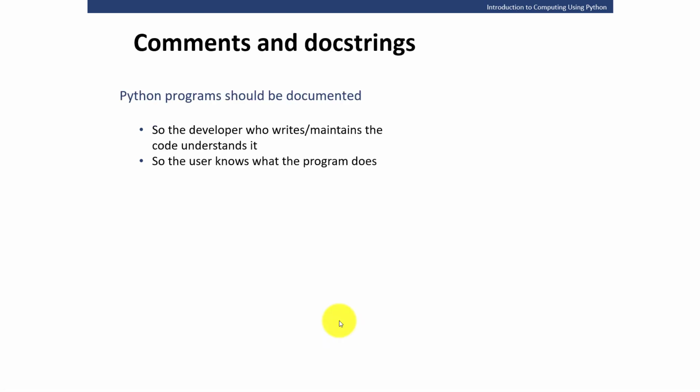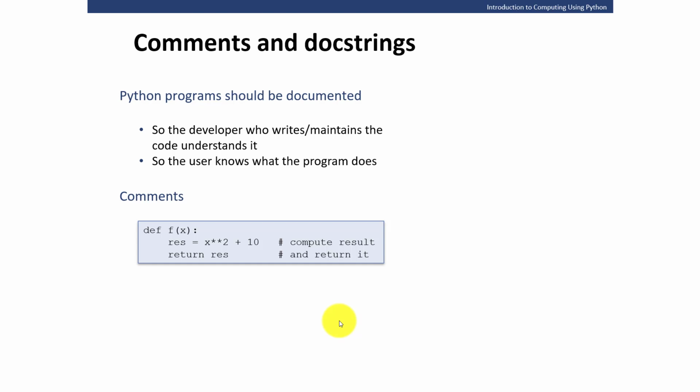Another important thing, guys, when it comes to building a function, is to use comments and docstrings. The comments can be specified using what? The hash sign. So this is compute the result, and this is return the result.